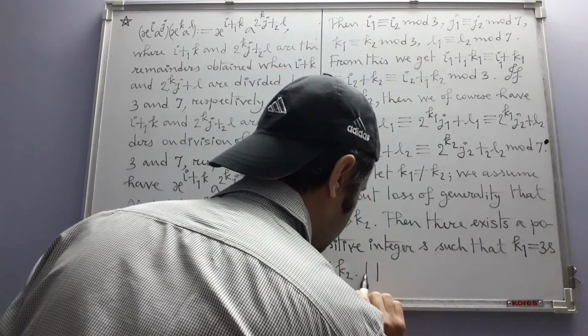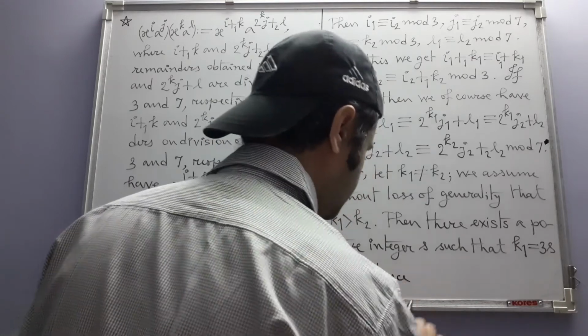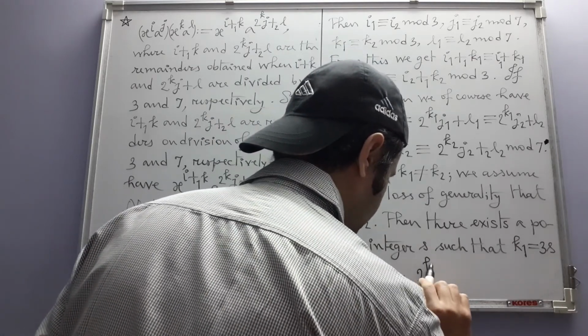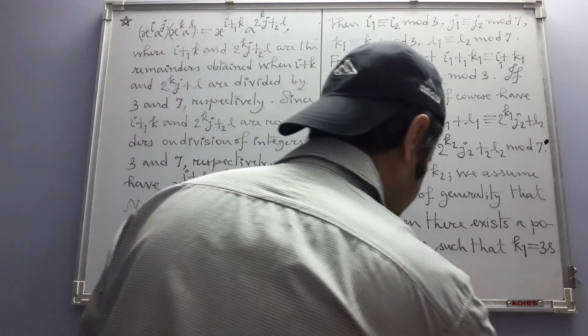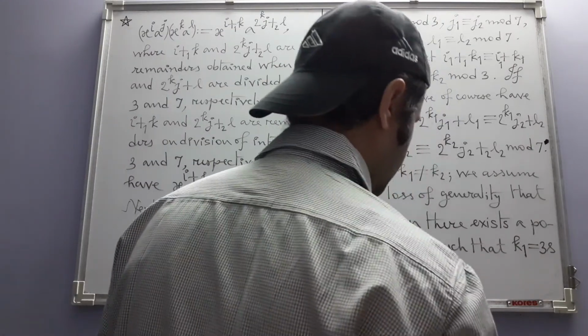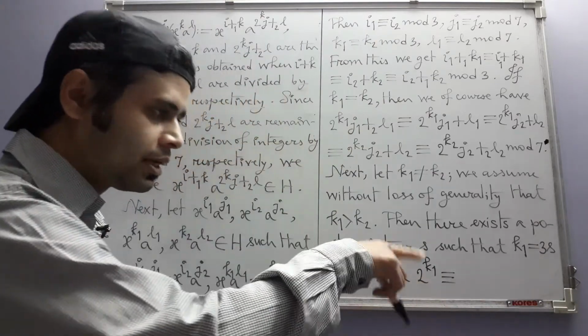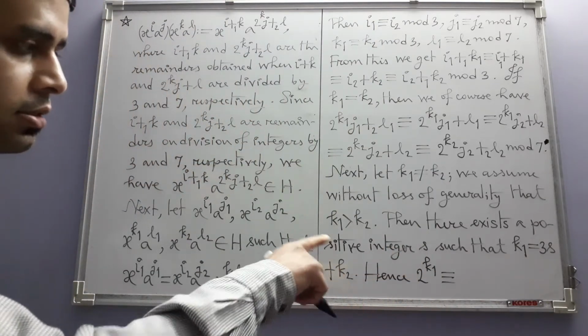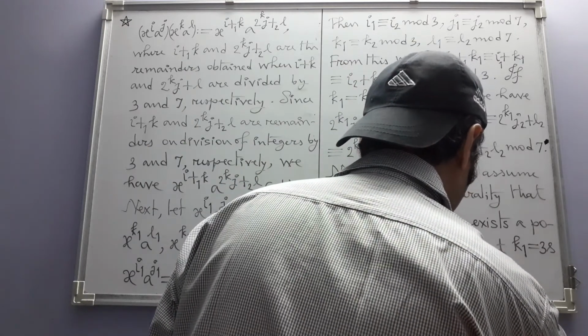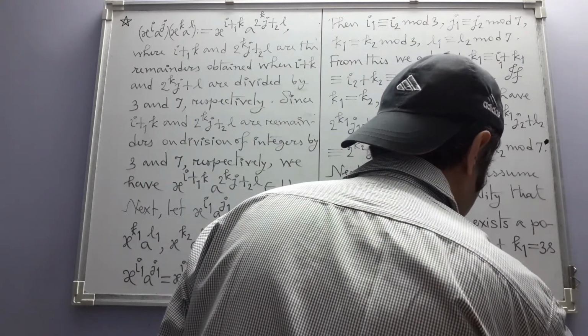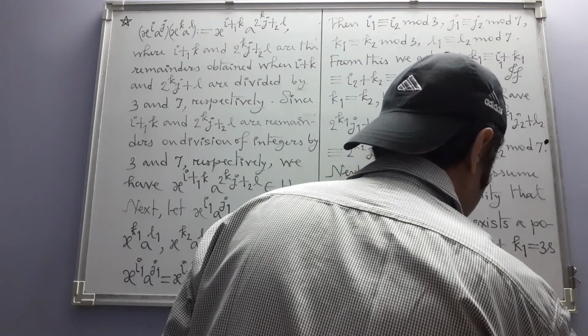Hence, what happens to 2 to the power k1? 2 to the power k1 is congruent, modulo 7, to 2 to the power 3s plus k2.